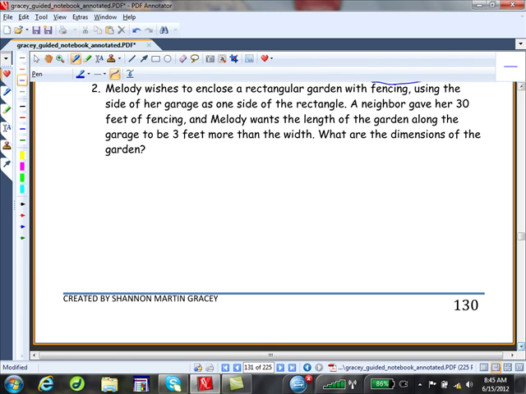So first step, analysis. Why don't we go ahead and let W be the width, because we're used to that, and let L be the length.